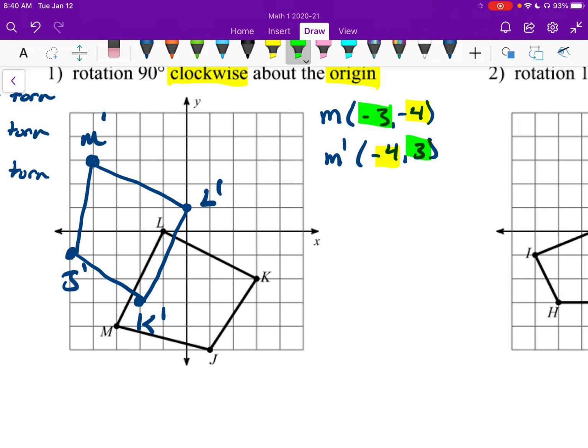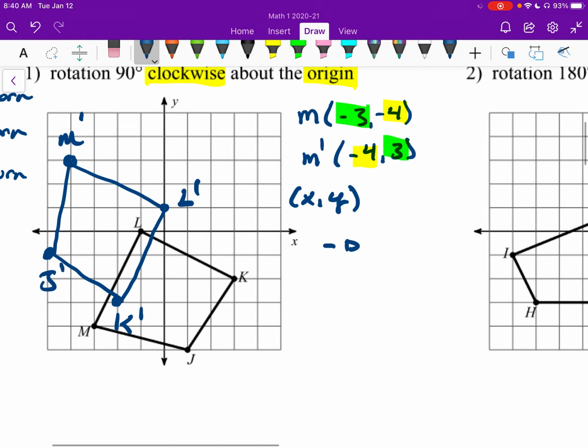The X here swapped spots and it went negative. So we start off with like X, Y, and then it turns into, what would it turn into? Y, negative X. Is that right? Yeah. So if we were to plug that in, our X is -3, our Y is -4, and then when we plug that in, we'd have -4 and then 3. All right. So that would be a good thing to write down. Whenever we rotate 90 degrees, there's our formula.